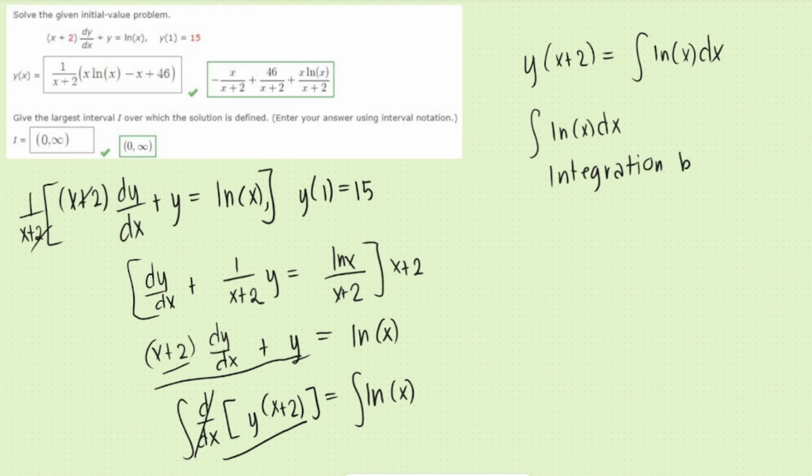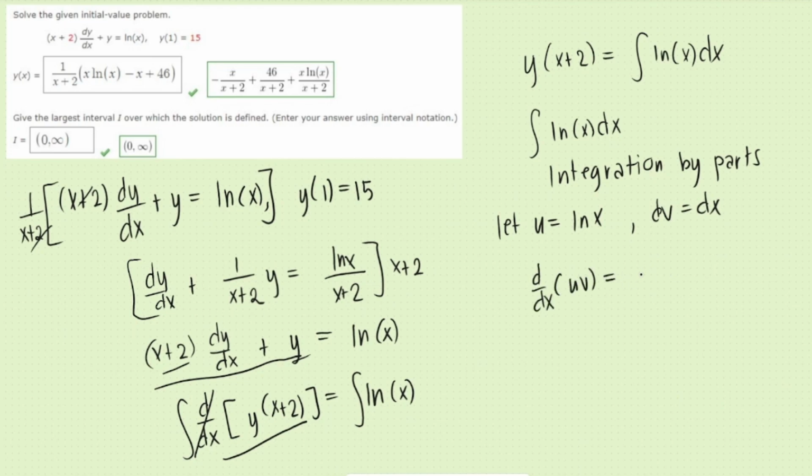Integration by parts. So we'll let u be equal to ln of x, and let dv be equal to dx. Integration by parts is derived using this one, d over dx of uv.